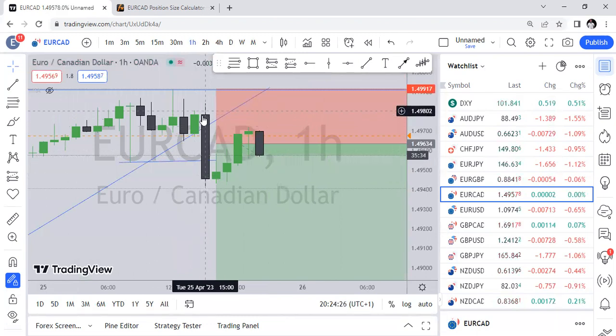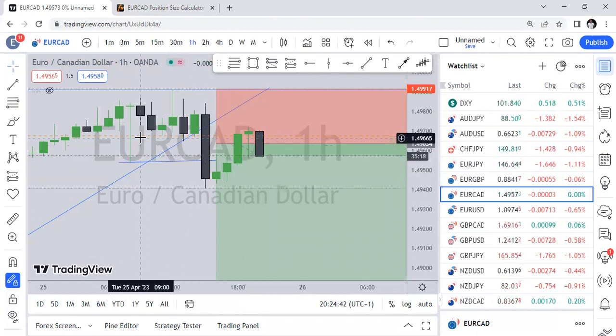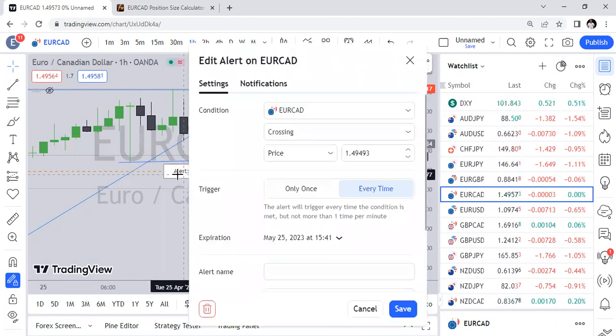Where did it close? What was the highest point it got to, and what was the low of that time frame you are looking at? So every candlestick gives you that information.